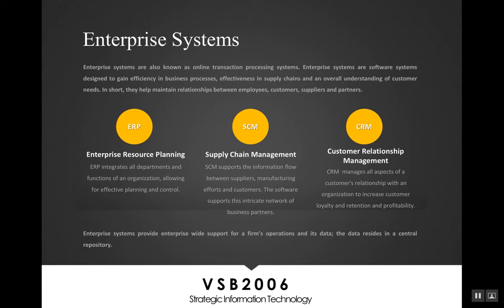So a supply chain management system, or SCM as it's called, supports information flows between an organization and its suppliers. Every organization will have key providers of either resources or services that are used as part of its business operations.